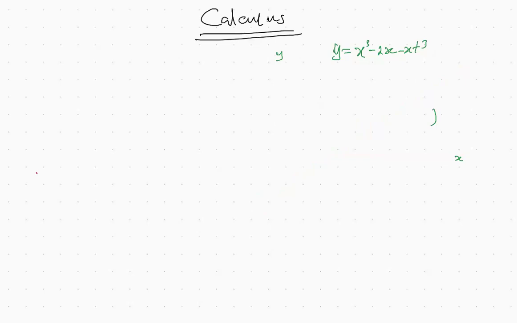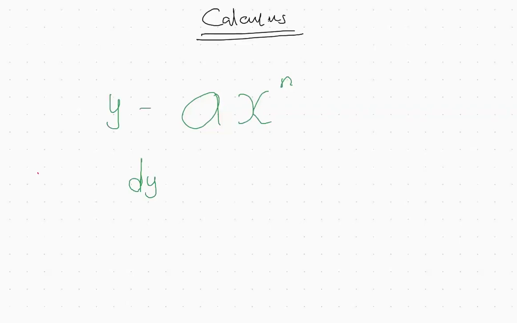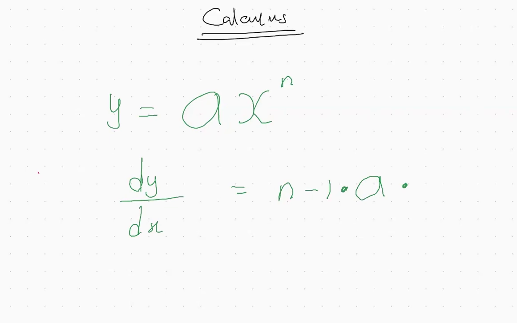It's very, very straightforward. For example, if you have a general function y equals a x to the power of n, and you have to differentiate that, dy/dx will be: you take 1 away from the n, and put it on the power of x, multiplying by n and a.